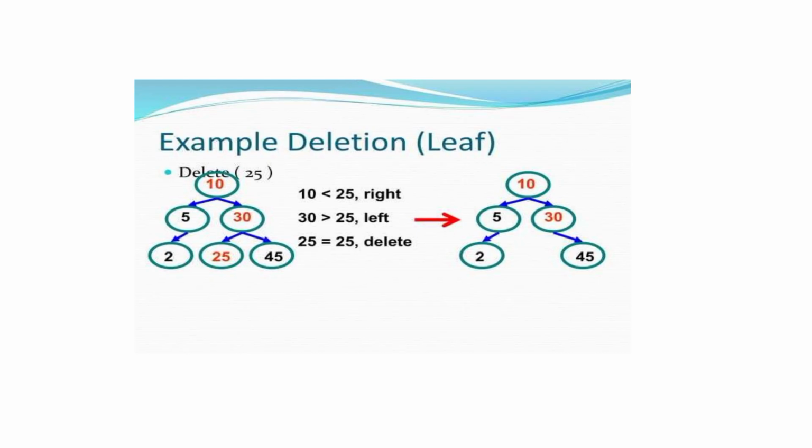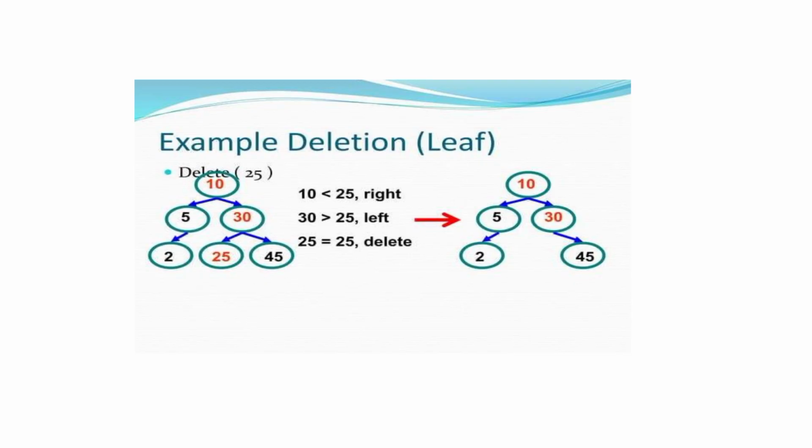See here the delete example, 25. 25 does not contain any child node, so it's a leaf node, and we can directly delete 25. Suppose you are deleting 10, that is the root node, and it has two children.